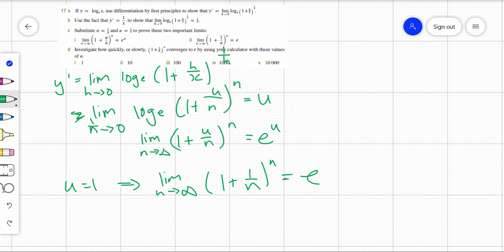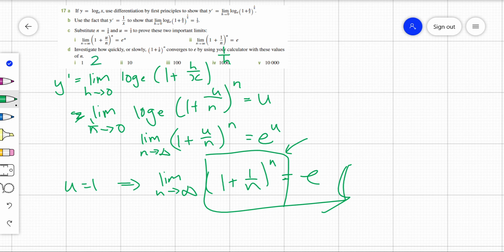So what we can do is have a look at how fast this converges to e using different values of n. If I was just looking at 1 plus 1 on n to the power of n, and I use n equals 1, let's have a look. We get 1 plus 1 on 1, so 2, to the power of 1, which is 2.